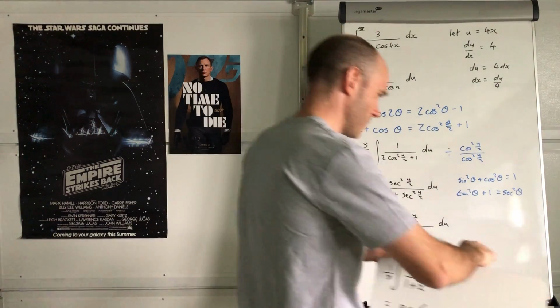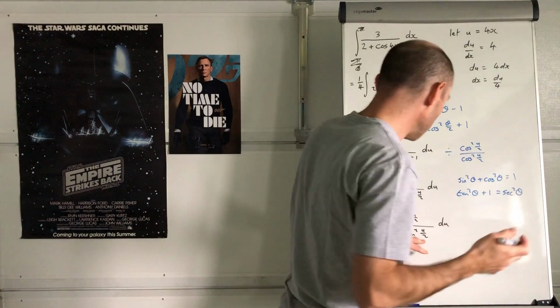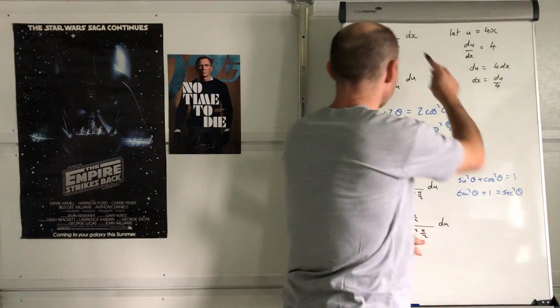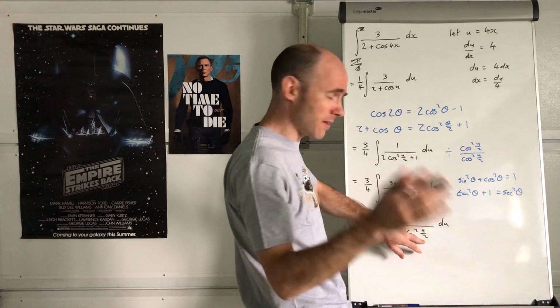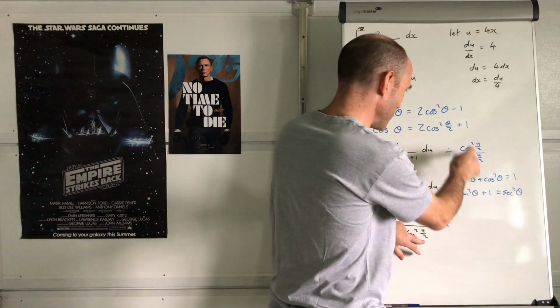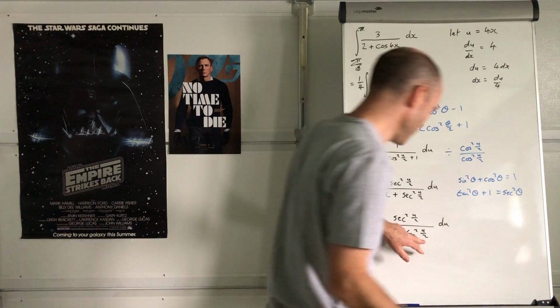Well, what I could do is, which letter am I going to use? I can't use x, I can't use u, I'm going to use another letter. Theta is what I've been using in these. V, yeah? V, good enough letter?